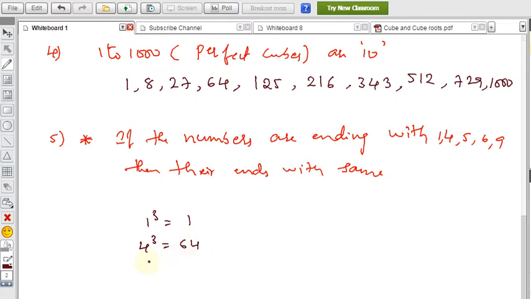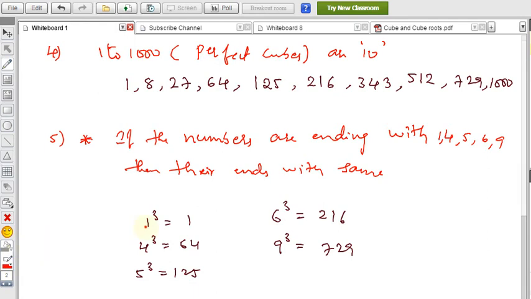Then 5 cube is 125. 6 cube is 216. 9 cube is 729.